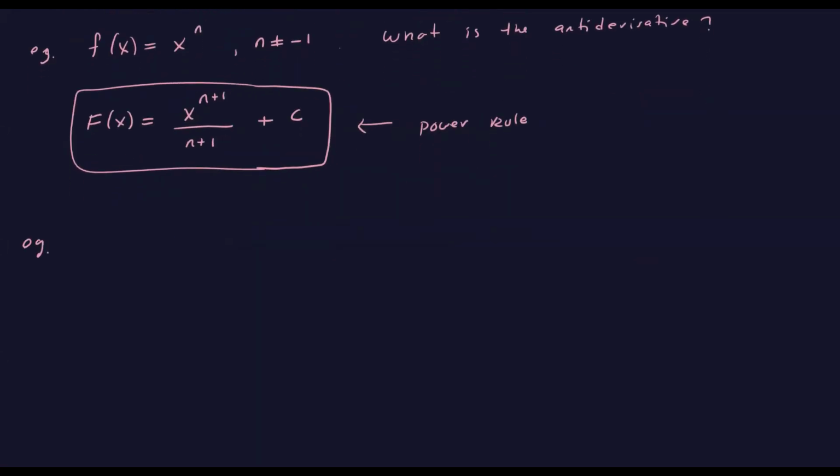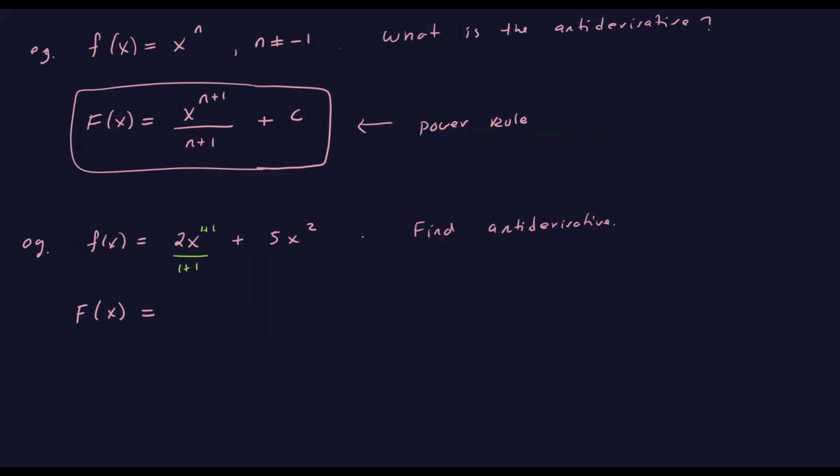Now let's go ahead and consider a couple more examples. Let's say we want to find the antiderivative of little f of x equals 2x plus 5x squared. My antiderivative, which I'm denoting with big F, is going to be, again, this looks like the power form. So you write down its power, add 1 to the power, and that same power goes on the bottom.